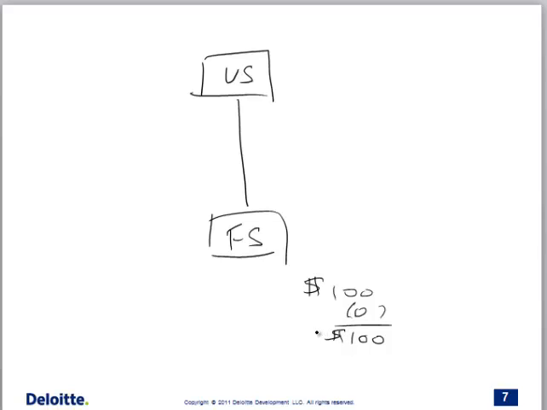Let's say that's a Cayman company. Of that 100, 20 of it is passive interest income, and 80 of it is operating income. Like let's say you're selling jerk chicken sandwiches and making money in the Cayman Islands, right? Doing something that's real business.